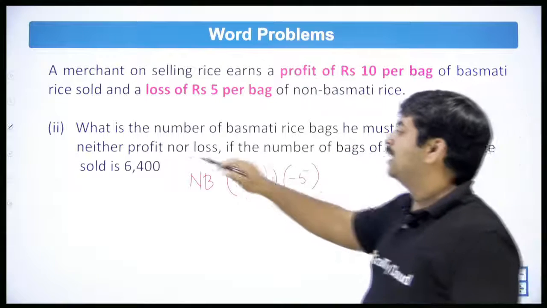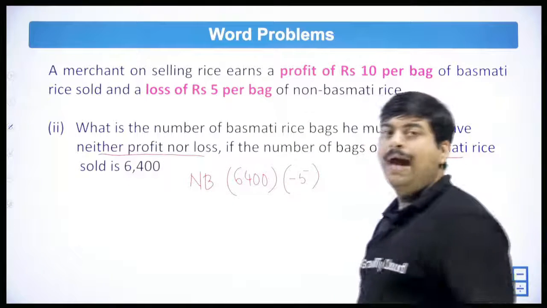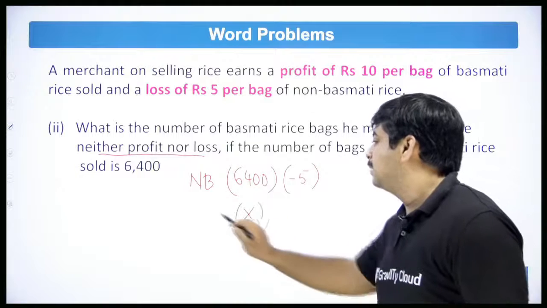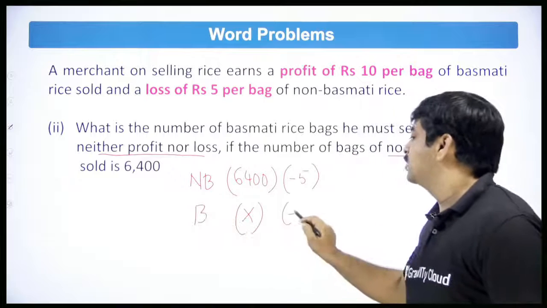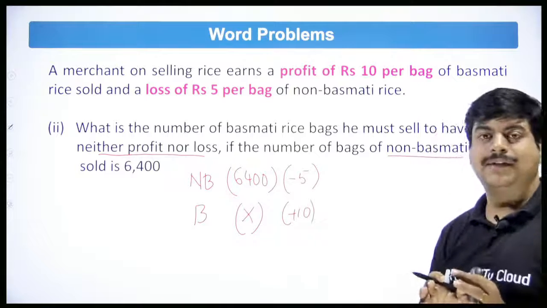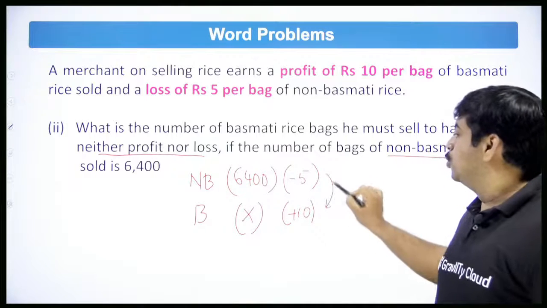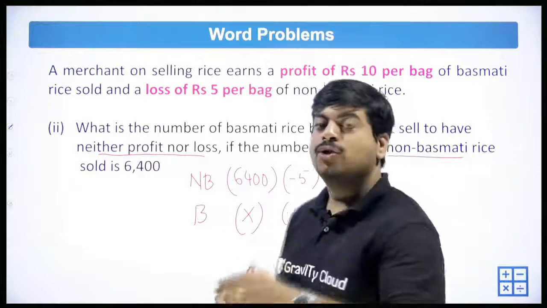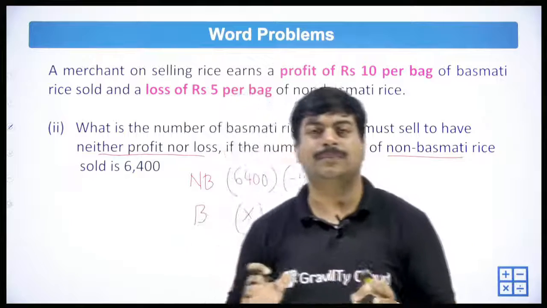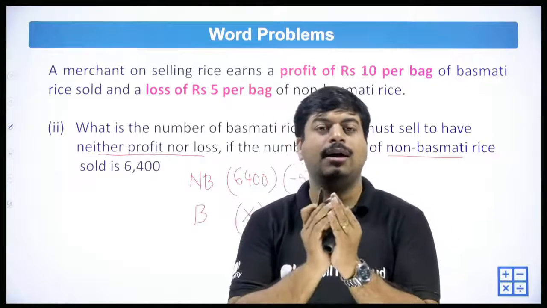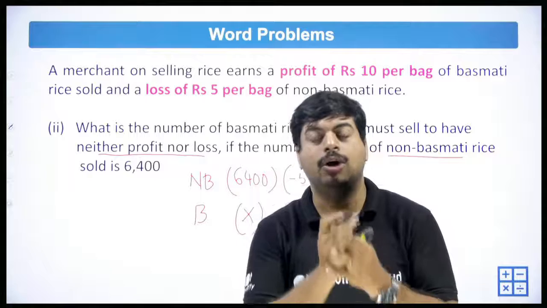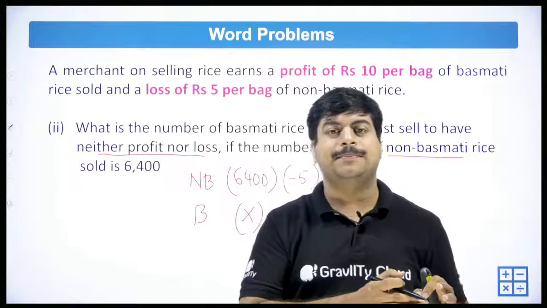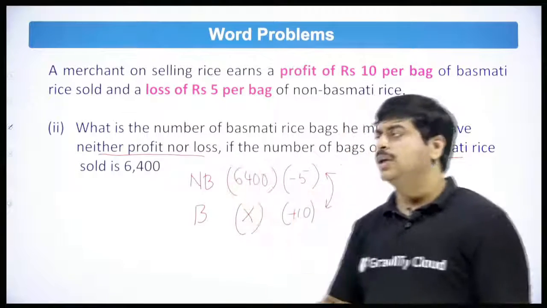To balance this with neither profit nor loss, you'd have X number of basmati bags with plus 10 as a profit. These two should be equal in terms of numbers, so that you have neither a positive nor a negative, 0 rupees profit or 0 rupees loss. A beautiful application, so please try to do it yourself.